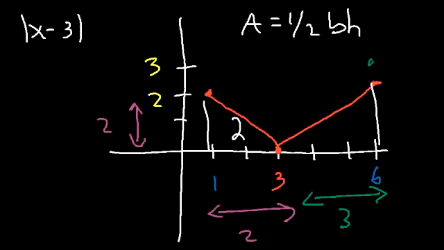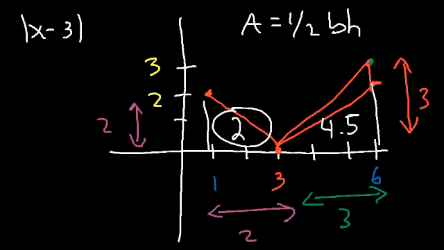This should be over here. I graphed it a little bit too low. If we plug in 6, y is 3. So it's 3 times 3, which is 9, times a half, that's 9 over 2, or 4.5. 2 plus 4.5 is 6.5. So we get the same answer.